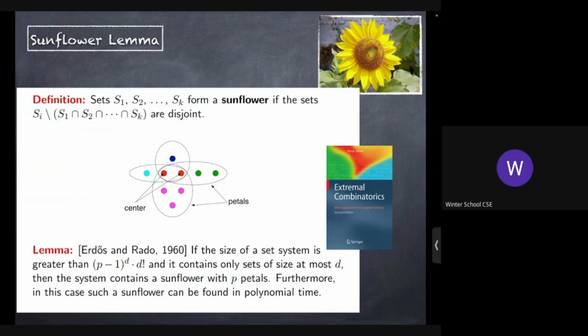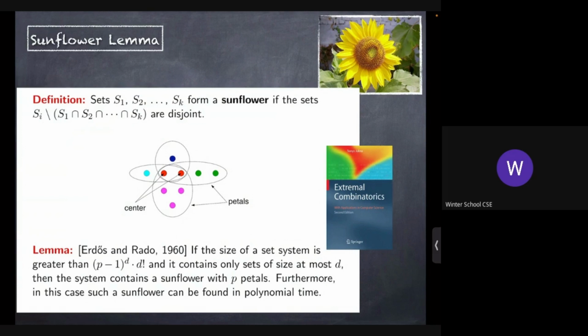The jargon here is that the common intersection is the center of the sunflower, and the remaining parts are the petals. So here is an example of a sunflower. I have 4 sets, and this is the common intersection, these 2 elements.